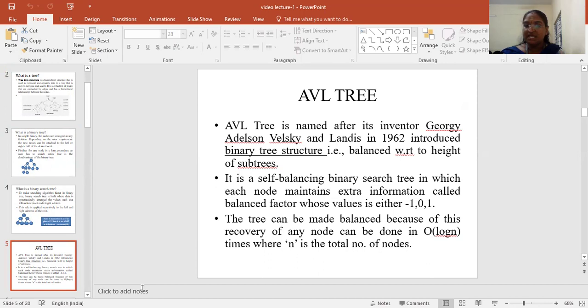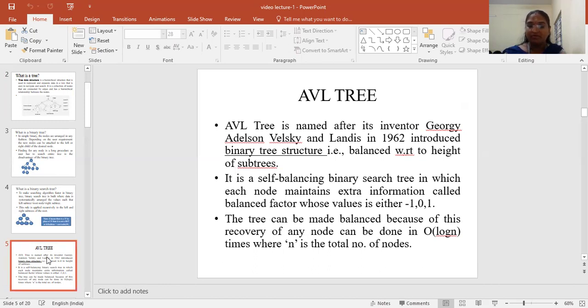So the AVL tree was named after the inventors Georgy Adelson-Velsky and Landis in 1962 to balance the height of subtrees in a binary structure. Clear. This is named after the inventors, AVL tree.